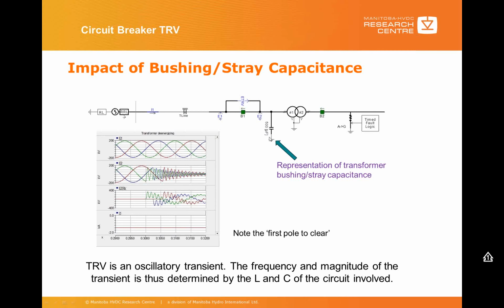Therefore, this is a very good example to demonstrate the importance of representing the stray capacitance with the correct values. So in this simple example, it is the LC oscillation between the stray capacitance and the transformer reactors that will appear as the TRV.